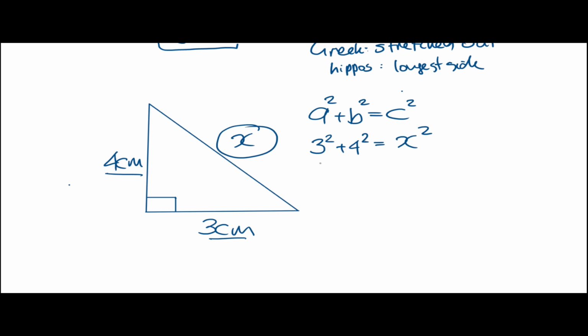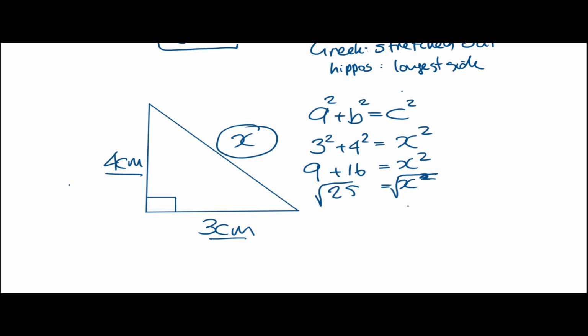Okay, so far so good. It's now no longer a geometry question, a trigonometry question. It's now an algebra question. So 3 squared, 3 times 3 is 9, plus 4 times 4, 4 squared is 16, equals x squared. 9 plus 16 is 25. Now what do we do? We want to get rid of this squared. Well, if you remember, if we take the square root of both sides, it gets rid of the 2 there.